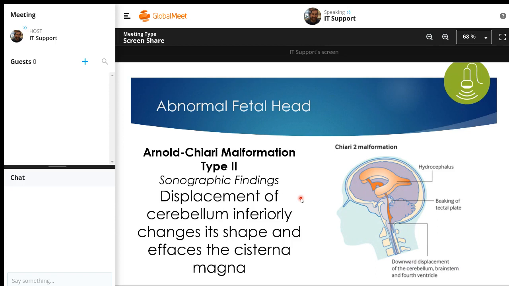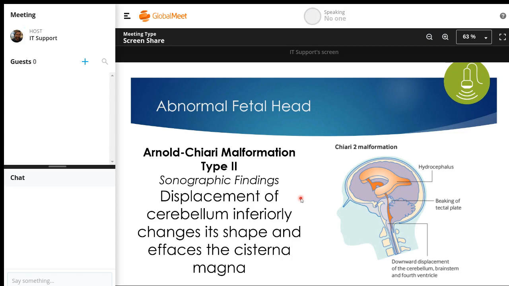And we'll take a look at those images here in just a second. So type 2 has to do with a variable displacement of a tongue of tissue derived from the inferior cerebellar vermis into the upper cervical canal. So again, that falling down into the cervical canal of the cerebellum.